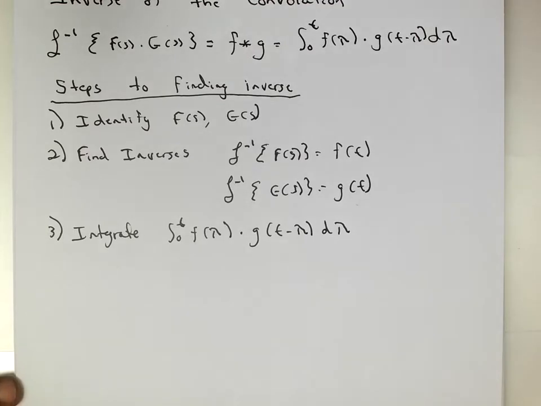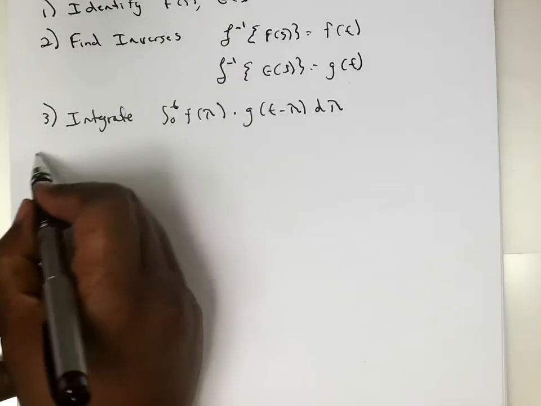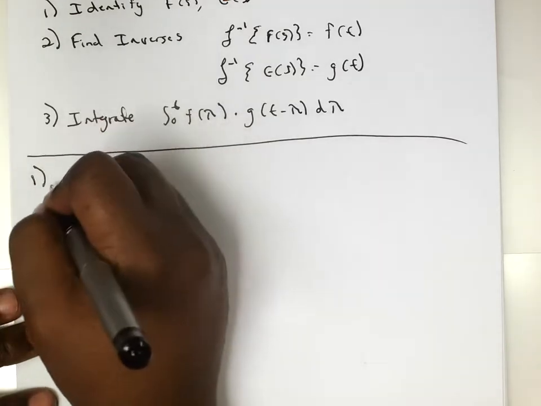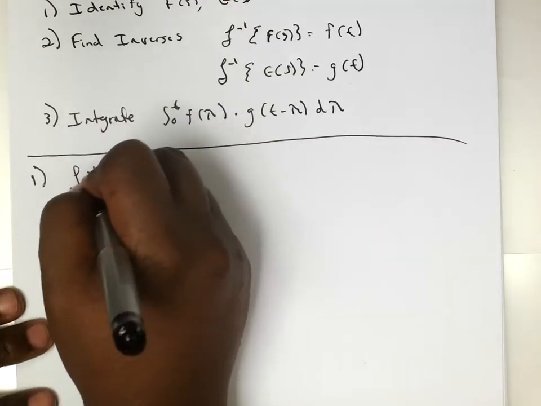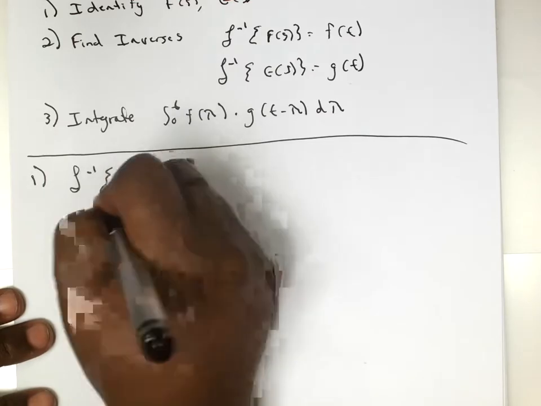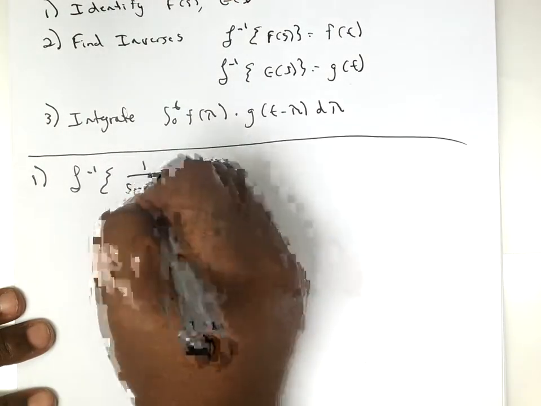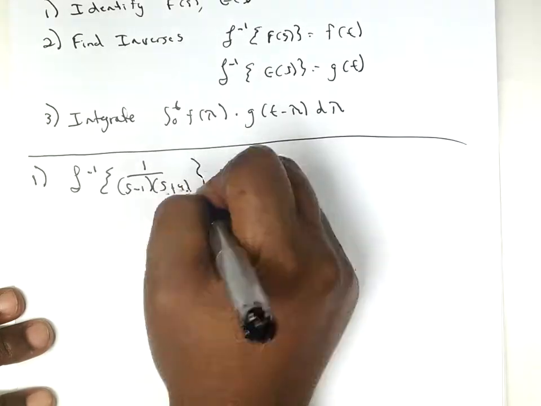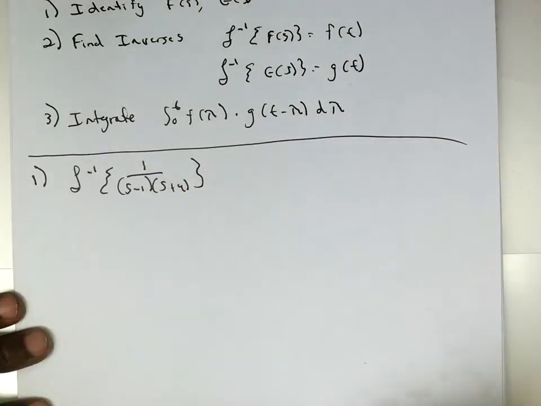Now, the examples that are here, really we could use partial fractions for, but we're going to use the inverse. And you can go back and do them with partial fractions and pull it apart and see that you get the exact same thing.